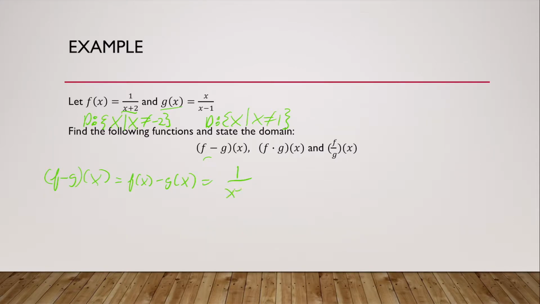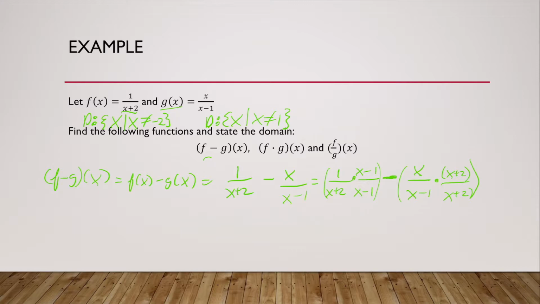So I have 1 over x plus 2 minus x over x minus 1. Now when we're subtracting fractions, they have to have the same denominator. So I'm going to have to rewrite this as 1 over x plus 2 and then multiply by x minus 1 on the top and the bottom in order to have a common denominator, minus x over x minus 1 times x plus 2 over x plus 2.